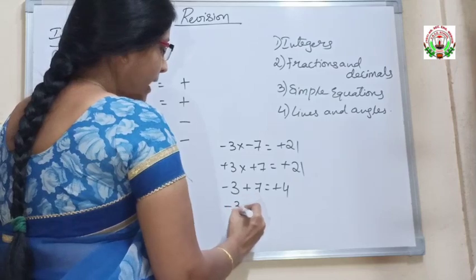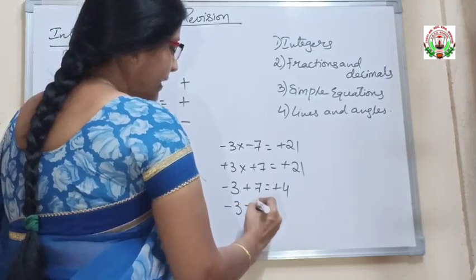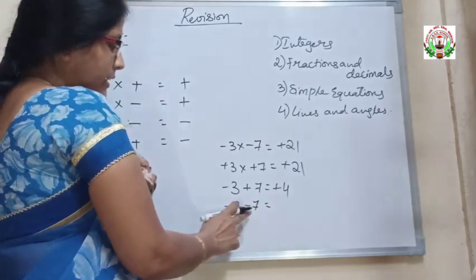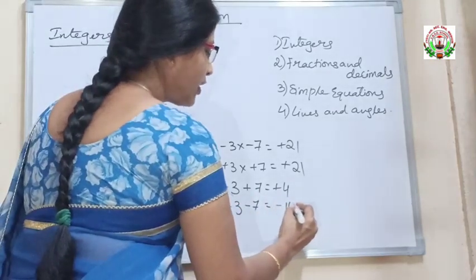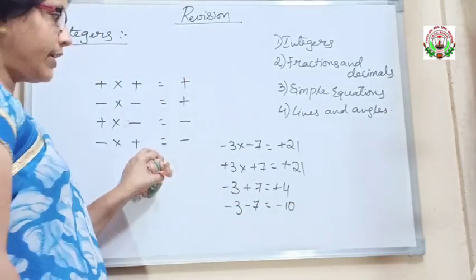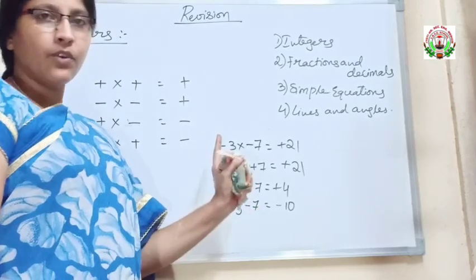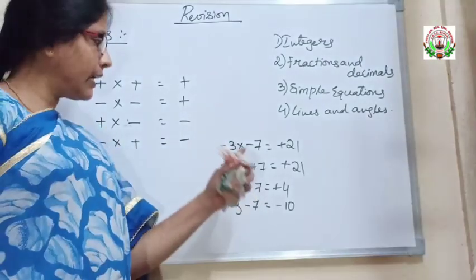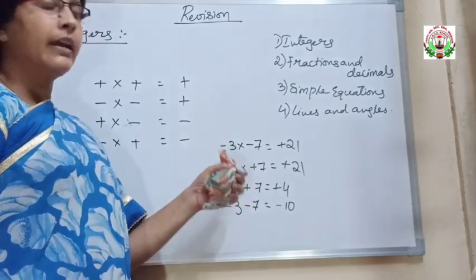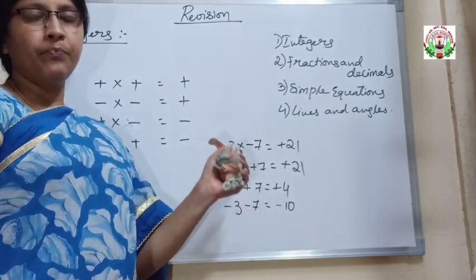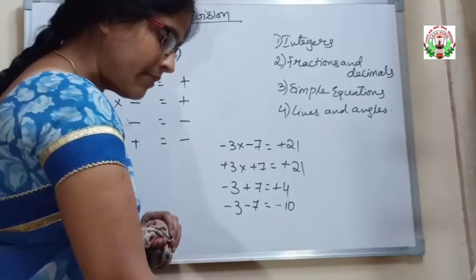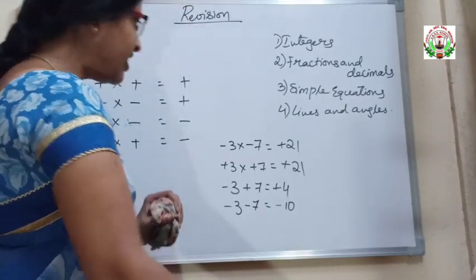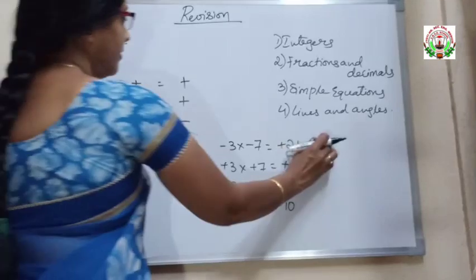For minus 3 minus 7, because both have minus signs, we have to add these two numbers and the answer is a negative integer. These are the examples for addition, subtraction and multiplication of integers, whether positive or negative. Next you have learnt the distributive property also.